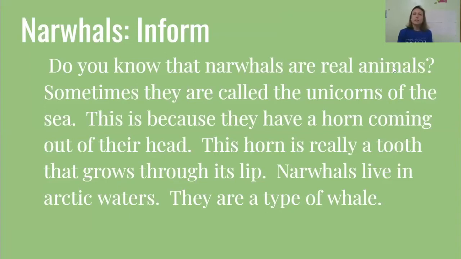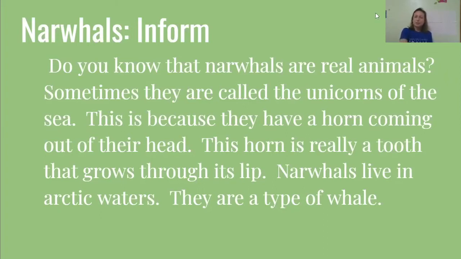So I was writing to inform, and specifically, what information was I giving? I was describing the animal, the narwhal. I described the horn coming out of its head. I told you where it lives. I told you what type of animal it is. So this was just helping you to learn about narwhals.